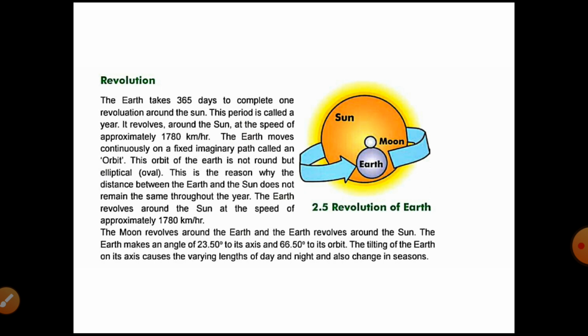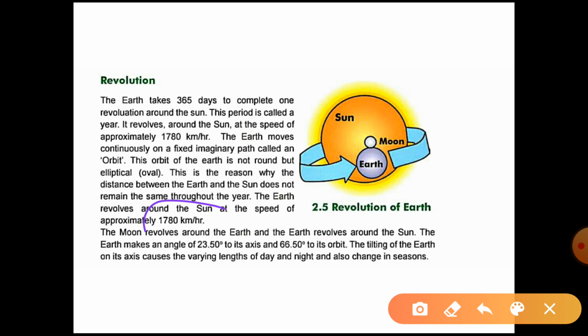The earth revolves around the sun at a speed of approximately 1780 km per hour. Okay, so remember it, when the earth revolves around the sun, its speed is approximately 1780 km per hour.